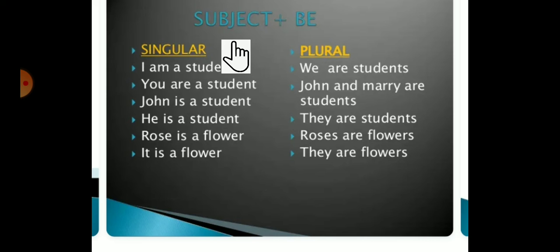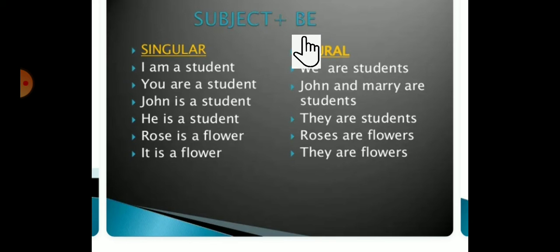Here we are going to discuss how the subject is used with the be form of the verb. Which form of the verb? Be form of the verb. The be forms are am, is, are, etc. They are called be forms of the verb, with subject plus be form of the verb.